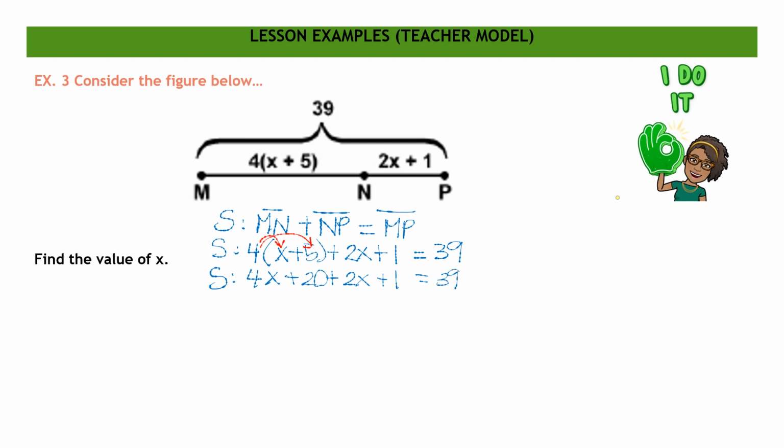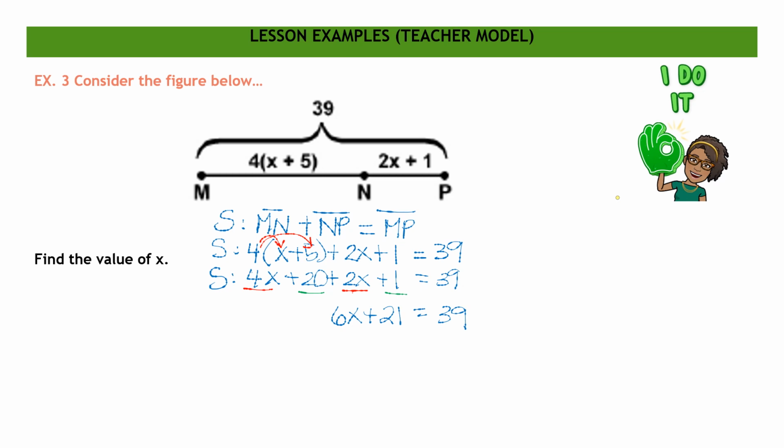Now, as you can see, we have some like terms. We have 4x here and a 2x here, and we also have a 20 here and a 1 here. So we're going to take these like terms and simplify the left side of our equation. So 4x and a 2x gives us a 6x, and 20 and 1 gives us a 21. And then we bring our 39 down.